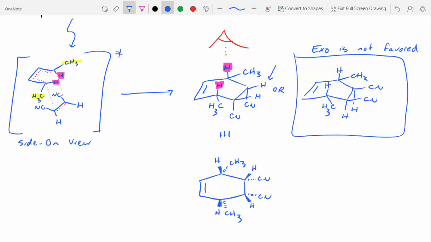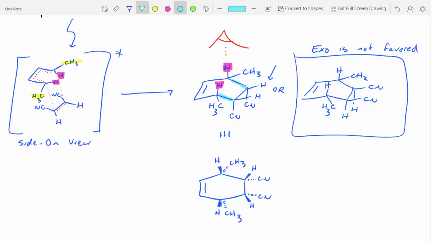Can we just draw the dashes for methyl and CN? Yeah, you don't have to show hydrogens if you show stereochemistry for the other substituent. So why are we having the methyls pointing back, and not the main parts of the ring that are pointing downward as the dashes instead? Oh, are you saying why don't we draw these bonds as dashes? Yeah. You can.